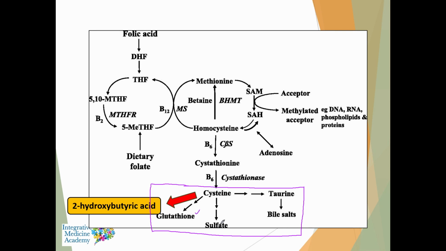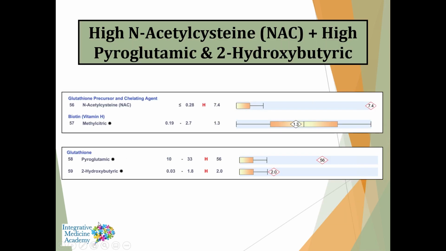So glutathione being part of phase 2, sulfate being part of phase 2, as well as bile salts being part of phase 3, just an increased demand to support detoxification might cause 2-hydroxybutyric to be elevated. But if you think about what's most common, it's really strongly linked to glutathione.